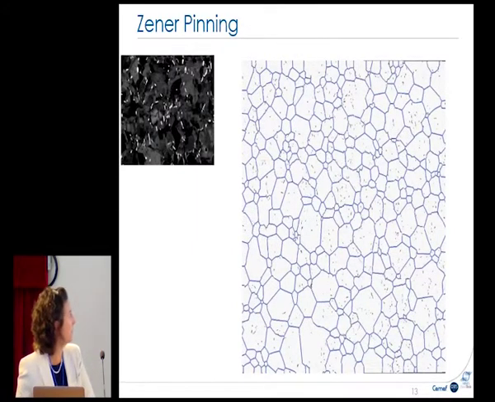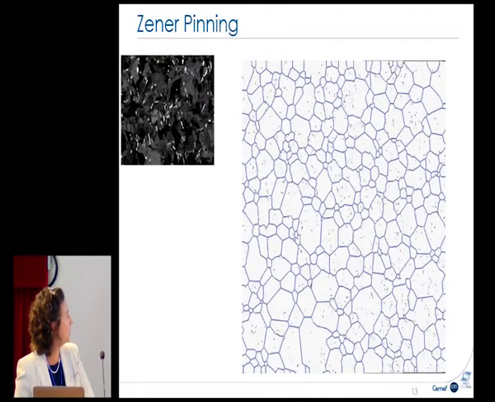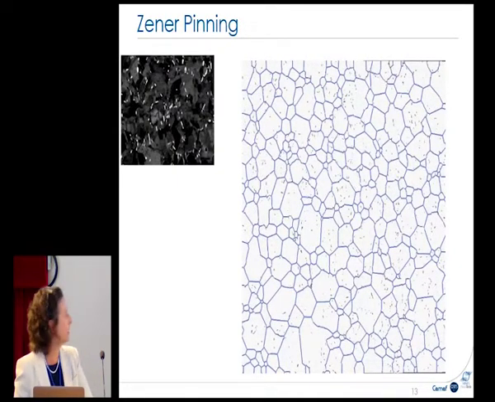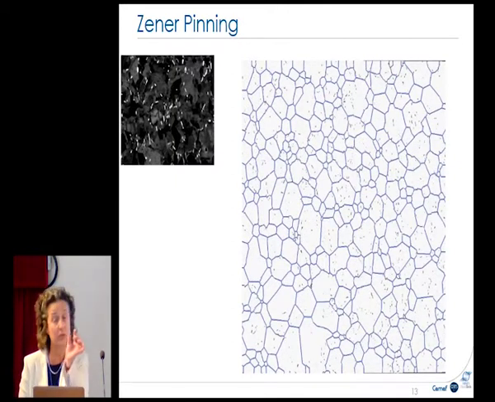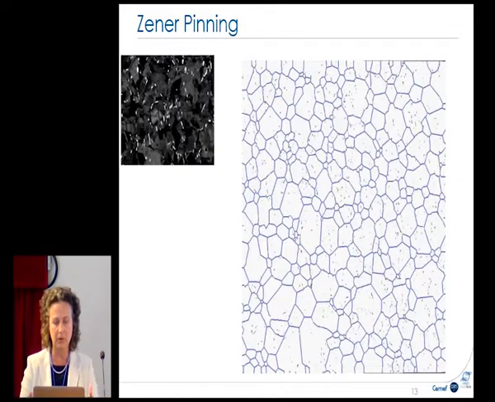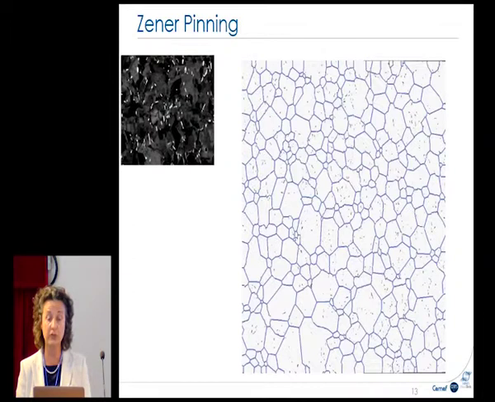Here is an example, the evolution of the mesh. All these 2D examples are meshed. Here we have the description of the interface with the gradient of the level set, and we can see that some grains are growing and some others disappear, just based on this evolution.